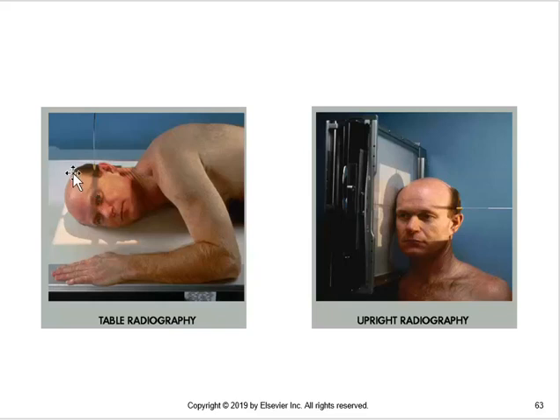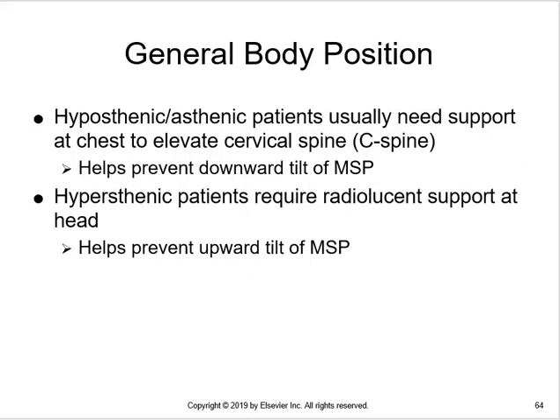Likewise, if you had an asthenic patient, then instead of your interpupillary line going this way, a very thin chest with a relatively large head may cause the patient's interpupillary line to be off and tilted in that direction, in which case you may have to build up the patient's chest. I think there are some diagrams in the textbook that show that.